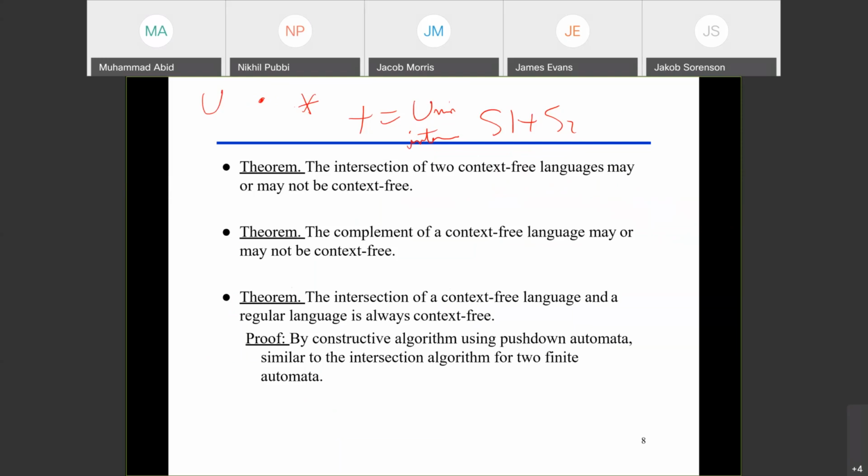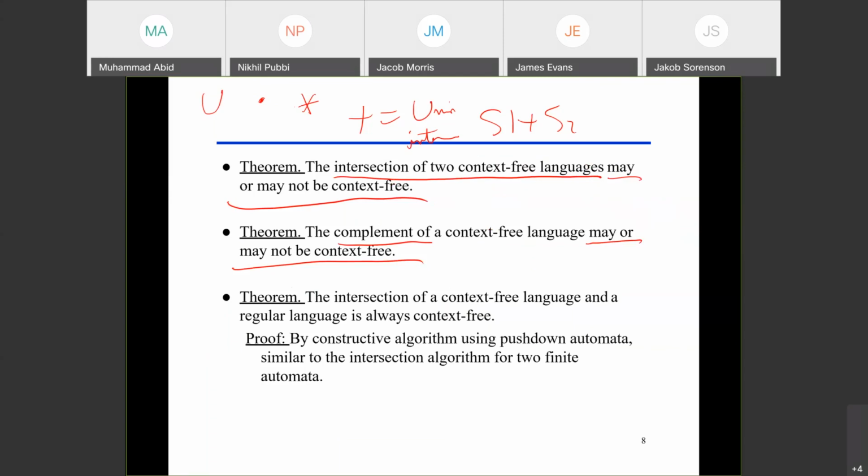But when you apply intersection of two context-free languages, we are not sure the resultant will be context-free, or it may change its behavior. That's why we say it may or may not be context-free. Exactly, the complement of a context-free language may or may not be context-free.